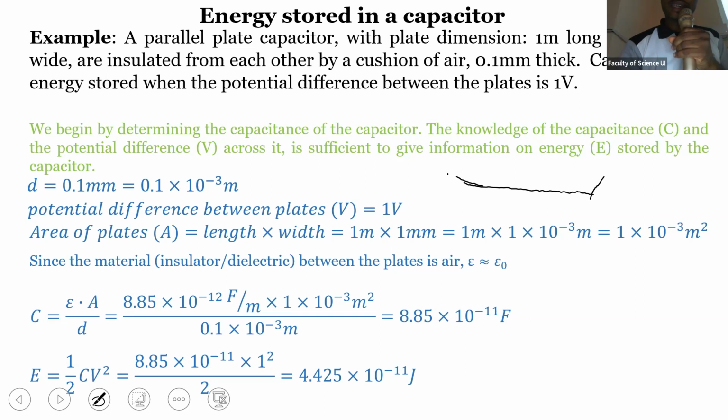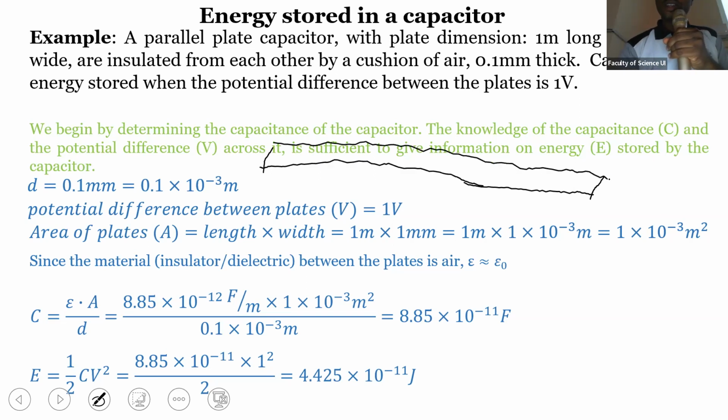So 1 meter to 1 millimeter is like 1 to 1,000.